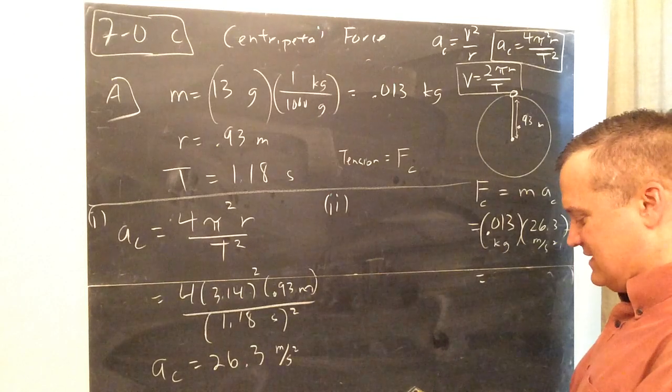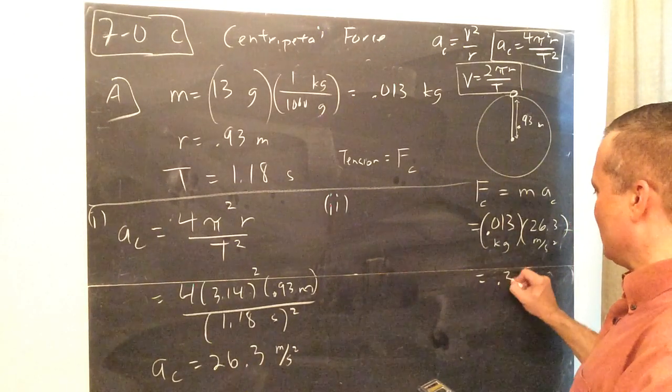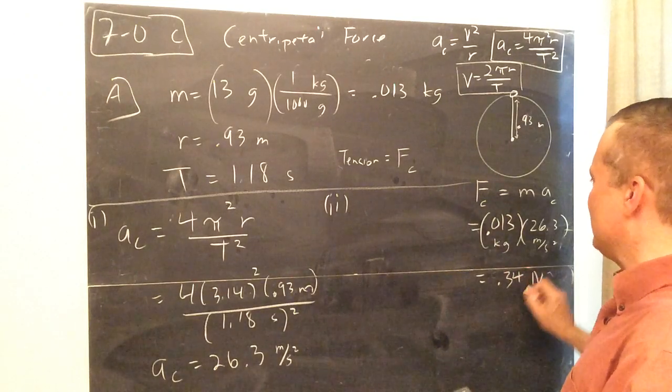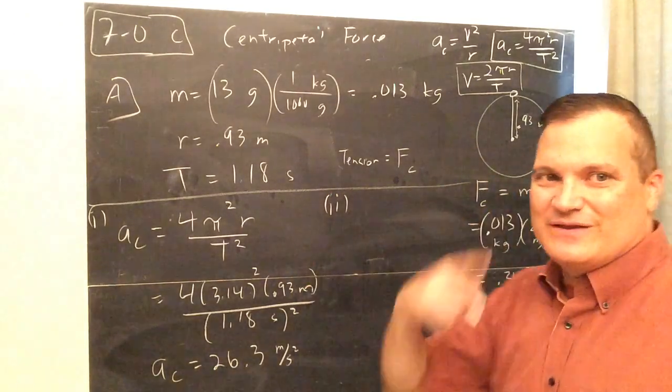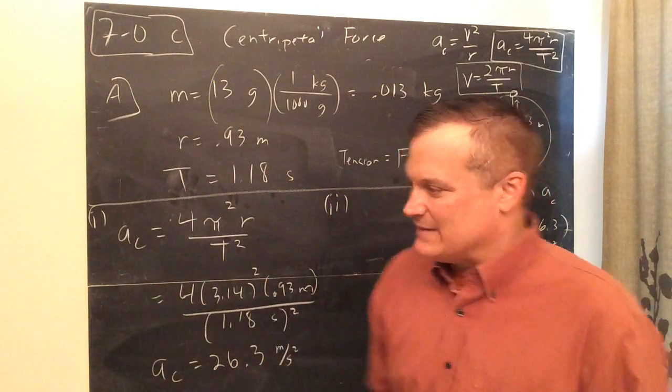And look how easy that is. That's the whole thing. 0.34 newtons. Very small, but it's a small piece. It's like that little ball I have. That's a small force to keep it in a circle, to keep it moving around.